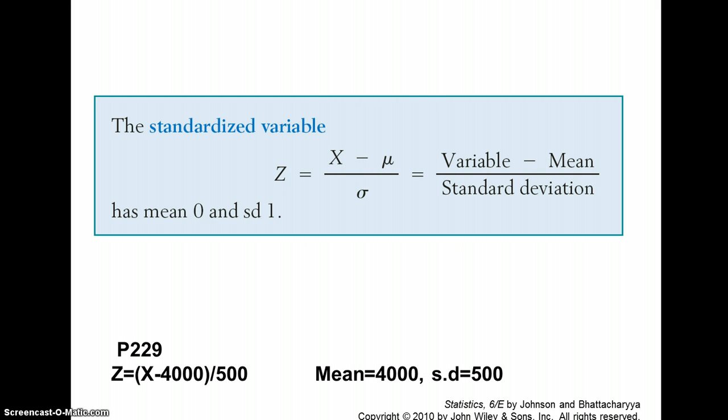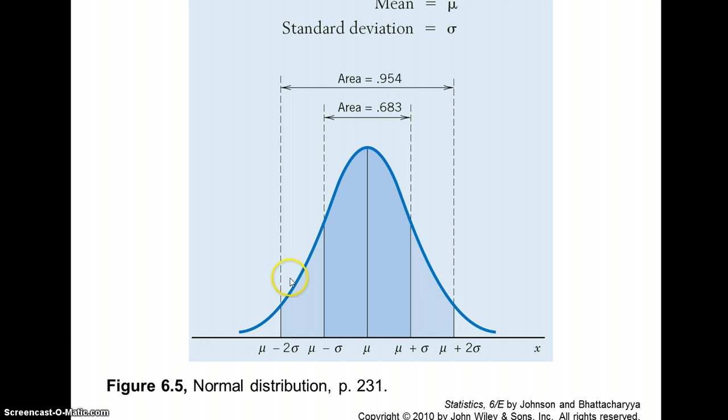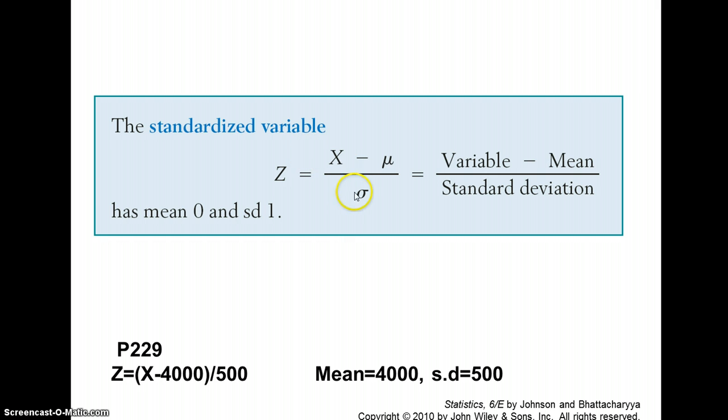We convert any random variable to a standardized variable: subtract the mean, divide by the standard deviation. So the shape will still be similar to this, but the mean of the new variable z will be 0, and the standard deviation will be 1.